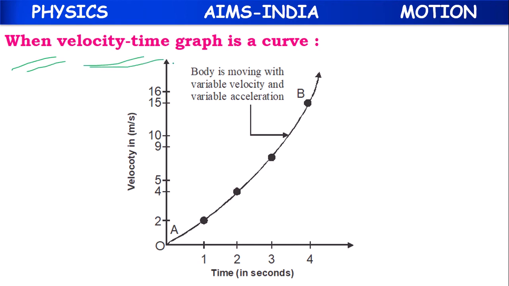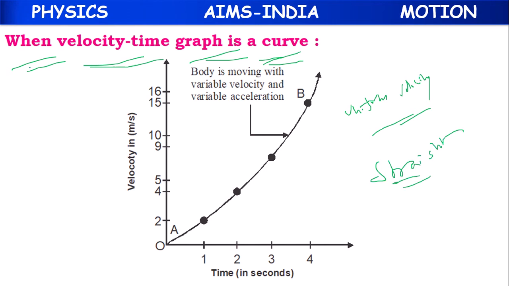Next, when the velocity time graph is a curve, it means it is not moving with uniform velocity. If it is moving with uniform velocity, it will be a straight line. If it is a curve, it means it is moving with variable velocity and its acceleration also changes continuously, which is variable.